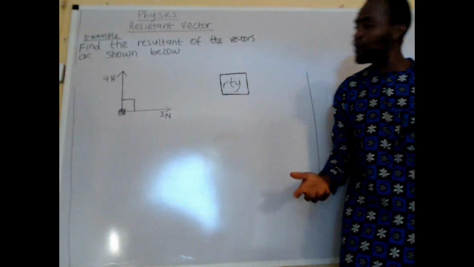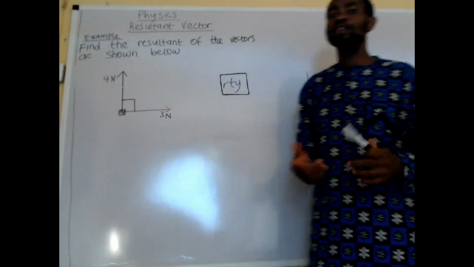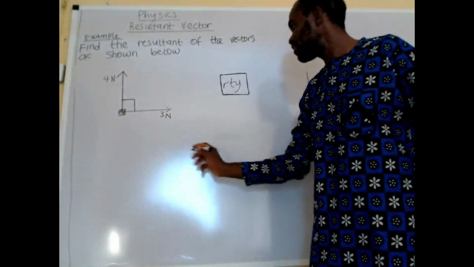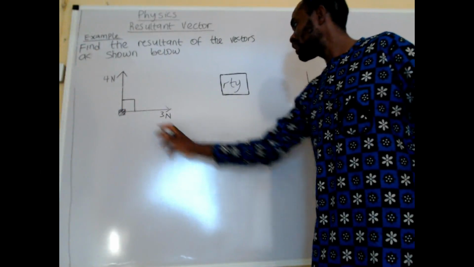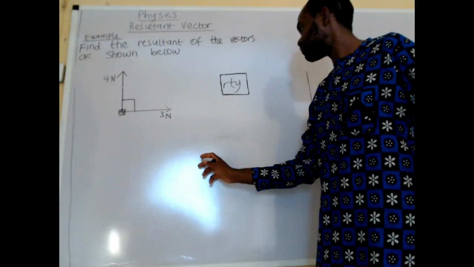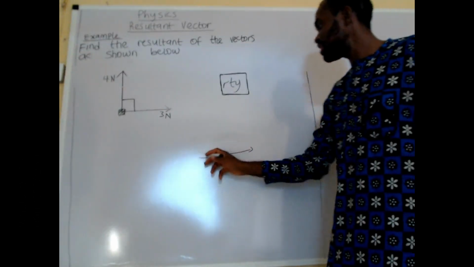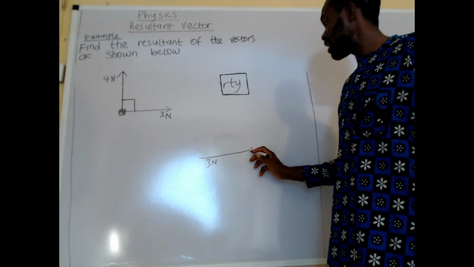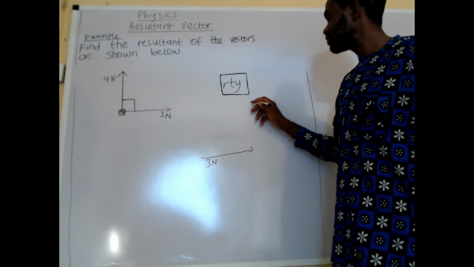When you are summing vectors, irrespective of the number of vectors, you take the initial point of any of the vectors. Pick one. Let's pick this 3N first. This is the final point.